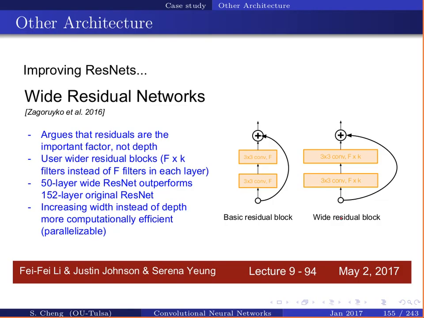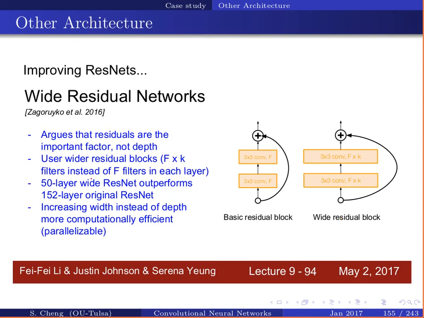People also look into the trade-off between depth and width. It's no longer always deeper is better. Of course you can gain from deeper, but sometimes you can trade it off if you have a wider network.